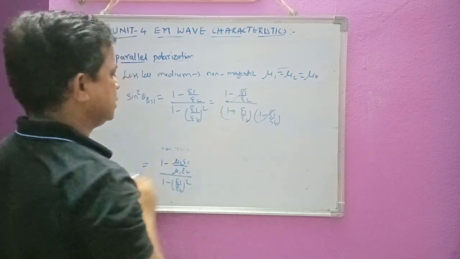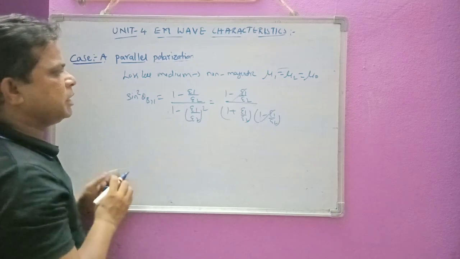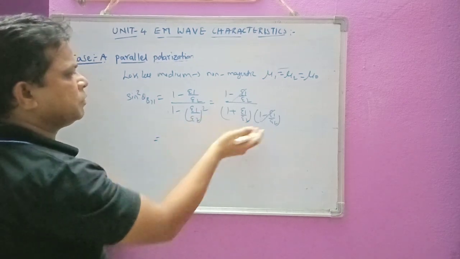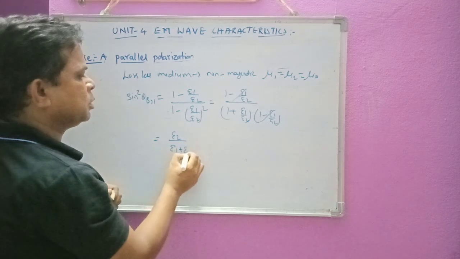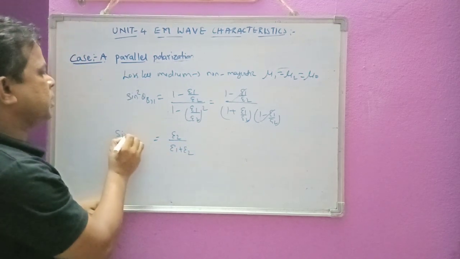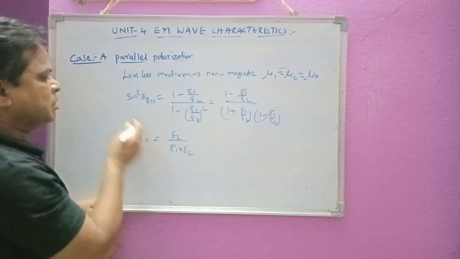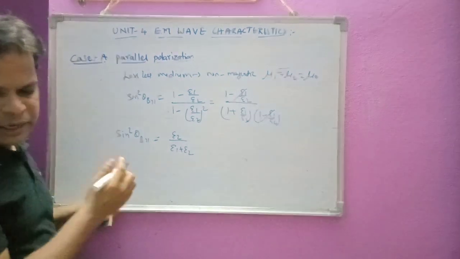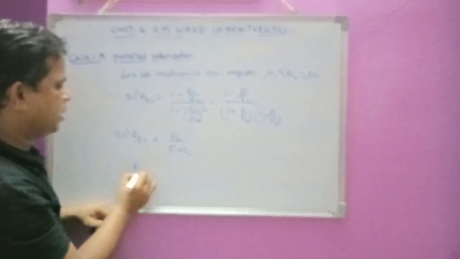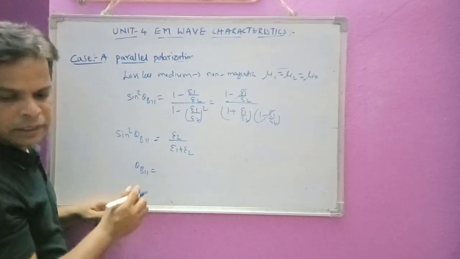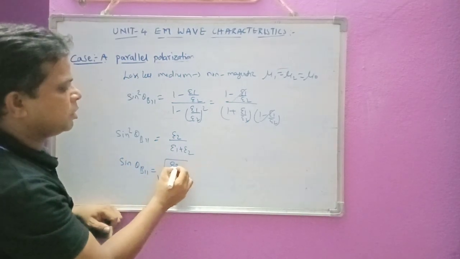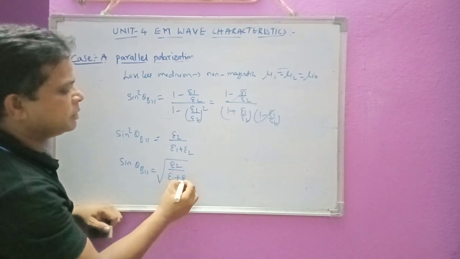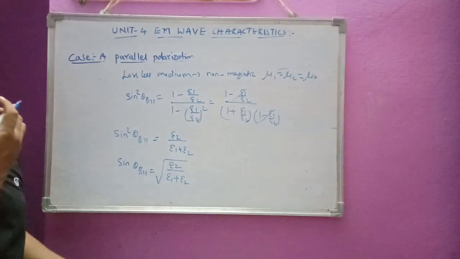So this will get cancelled. So I can write this equation finally, if I take the LCM here, as epsilon 2 by epsilon 1 plus epsilon 2, that is sin square theta b parallel. So sin theta b parallel is the square root of epsilon 2 by epsilon 1 plus epsilon 2 here.